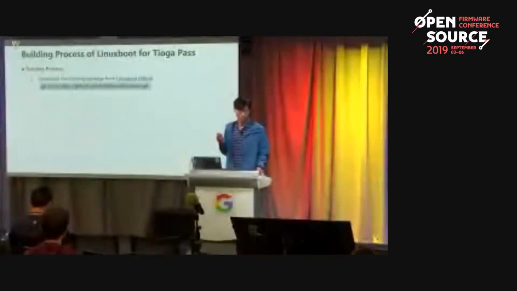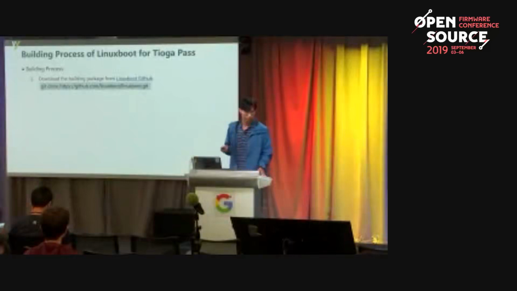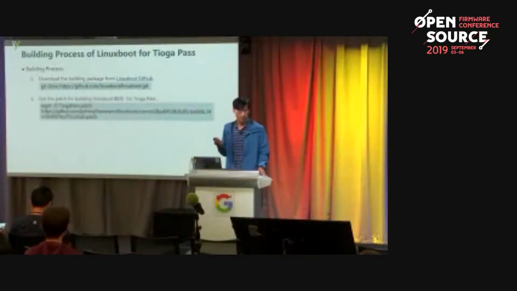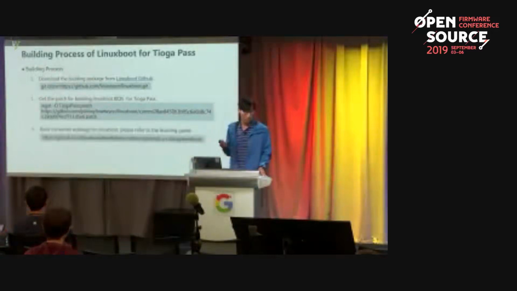The following is talking about how to build a linuxboot for Dialog Path. First, of course, you have to download the built-in package. Second, you need to get the patch for building linuxboot for Dialog Path. I will talk about this page later. Third, build the kernel image for linuxboot.